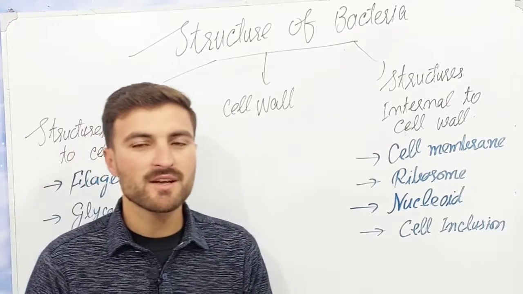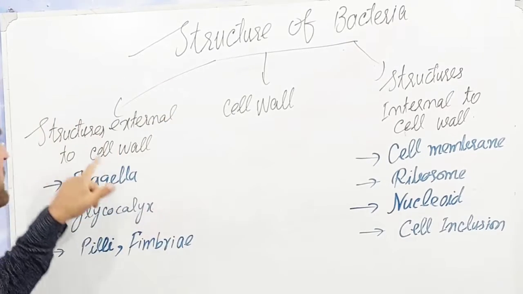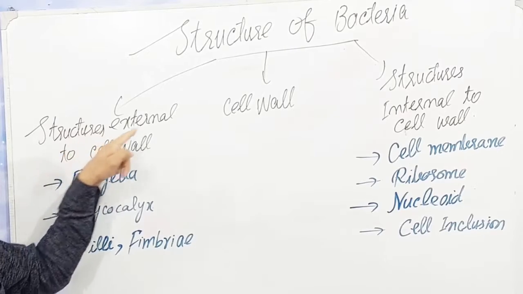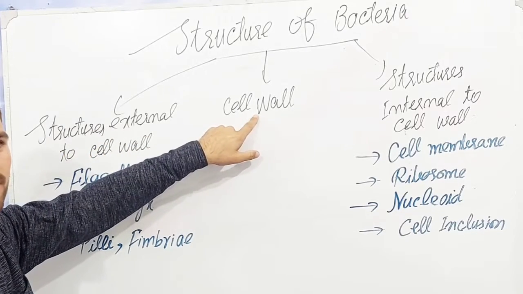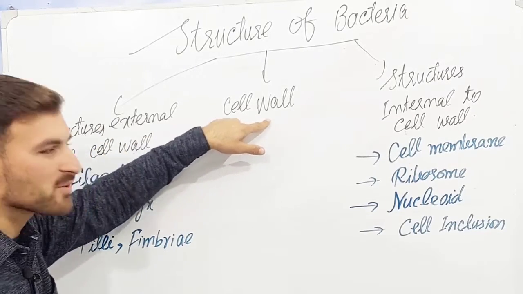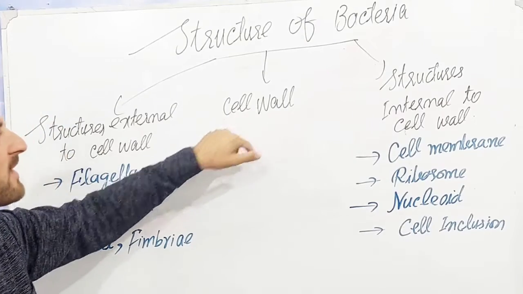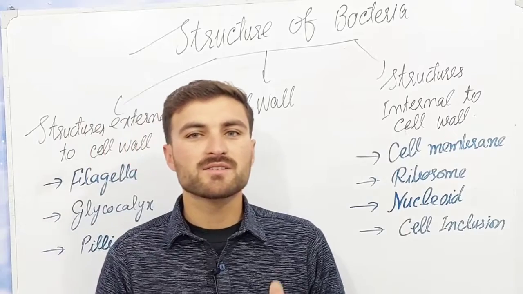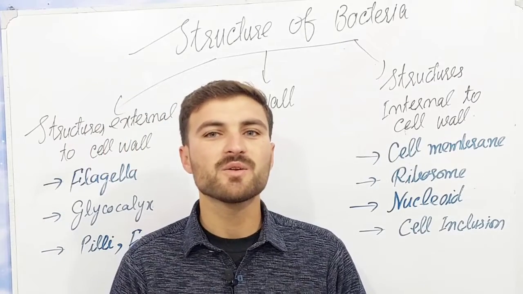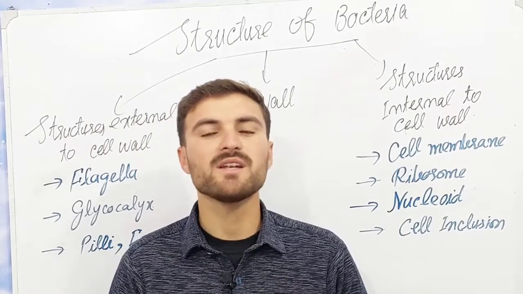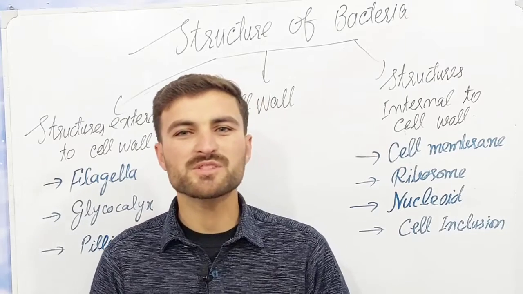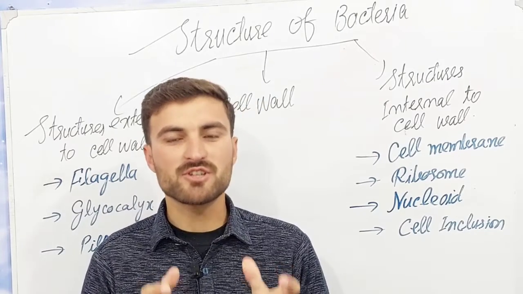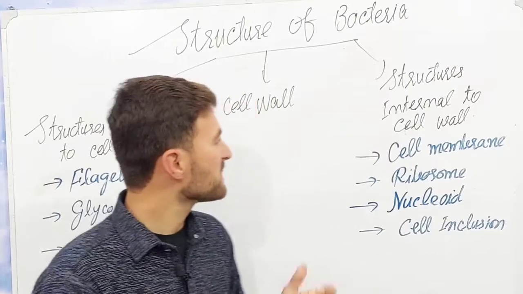Then when we finish these structures which are external to the cell wall, we will reach the cell wall, and in the cell wall we will see the structure of the cell wall, what the role of the cell wall is, and we will also discuss the drugs which affect the cell wall.